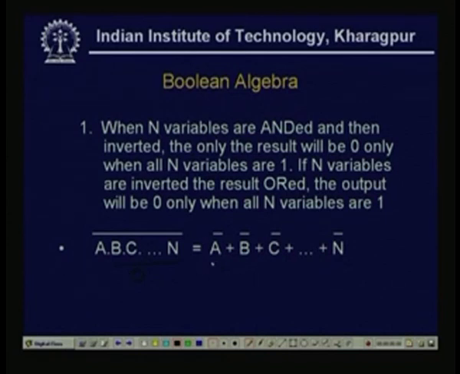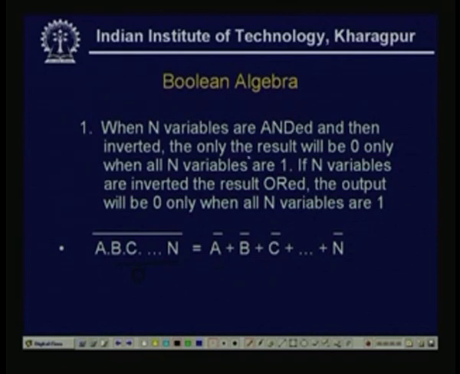And when all the variables are 1, each individual term will be 0, and then 0 plus 0 plus 0. This is the only case of the n input OR gate when it generates a 0 output.